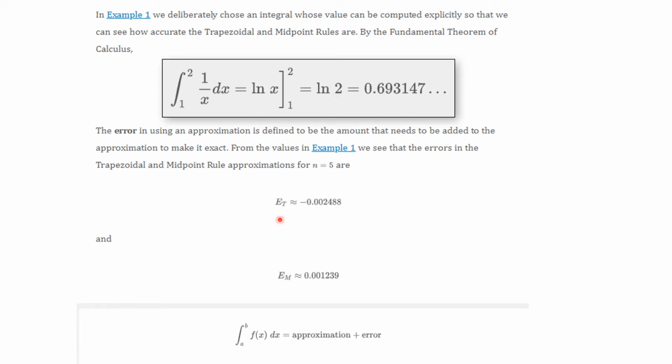So the error in the trapezoidal rule was approximately this negative number here. We were comparing the exact answer with what we got by the trapezoidal rule and the midpoint rule, and here was the error. We're defining the approximation plus the error to be the value of the integral. In this case, we knew the value of the integral, so we could actually come up with this.